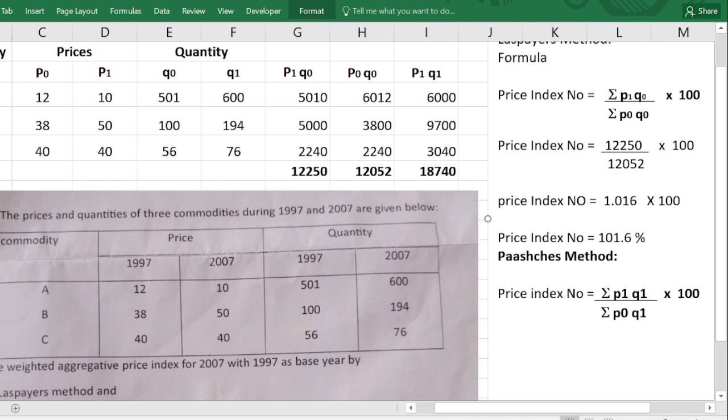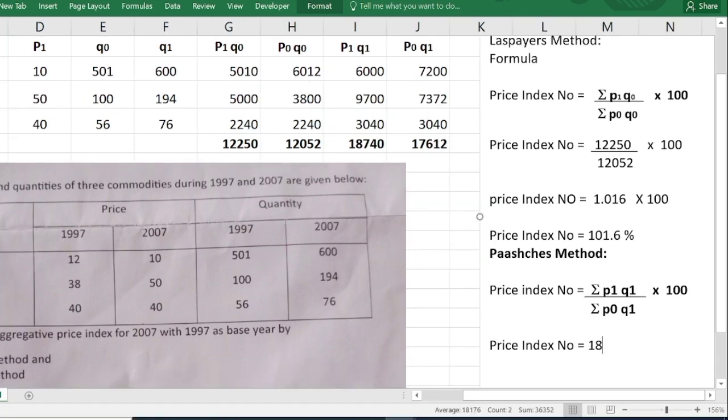So here we put the values in this formula and find the price index number by using Paasche formula. On the upper side we mention the total of the P1 Q1 column, which is 18,740, and multiply it by 100 and divide it by the total of the P0 Q1 column. The total of the P0 Q1 column is 17,612.